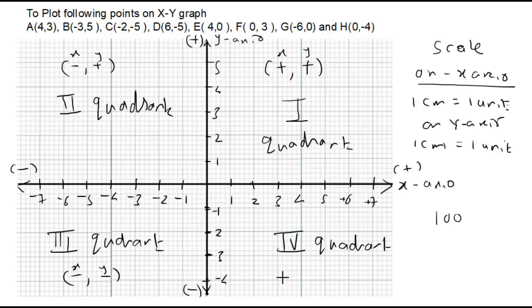And in the fourth quadrant, X is positive, but Y is negative. So, according to the coordinates, we can tell in which quadrant a particular point lies, either by directly plotting or by considering the signs of the coordinates of that point.